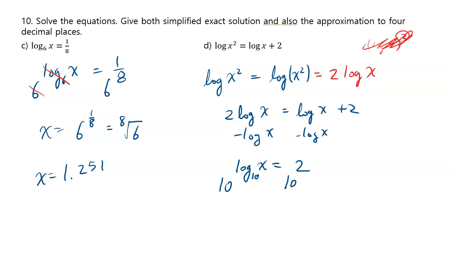So 10 to the log 10 of x, we know that these two cancel, and therefore you get x on the left side. On the other side, 10 squared is 100. So x equals 100 is an exact answer, and this is also a numerical answer, so there's no need to use a calculator for this.